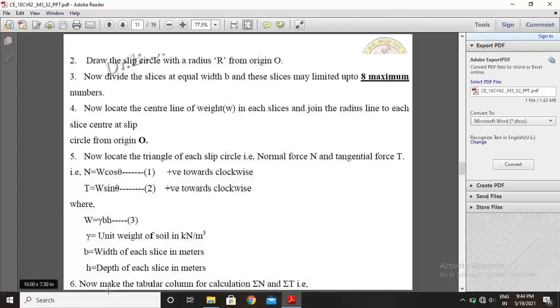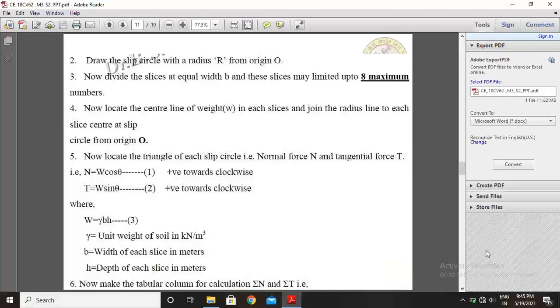Then next step, make the tabular column for calculation of sigma N and sigma T, the total normal force and total tangential force.